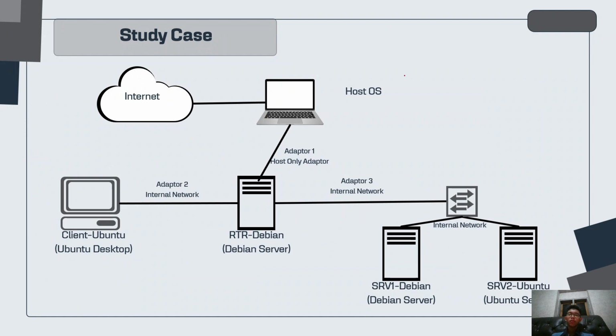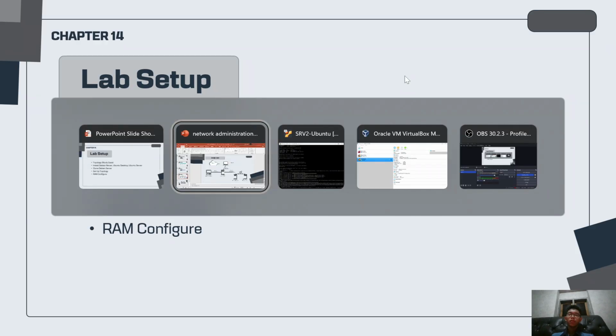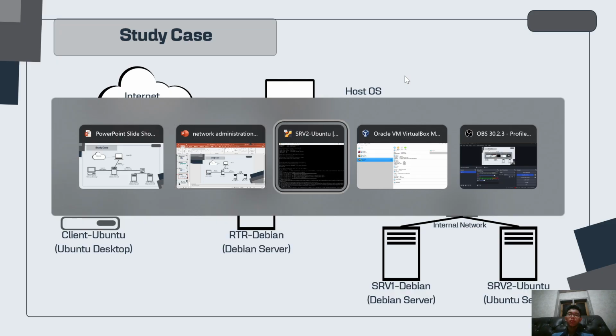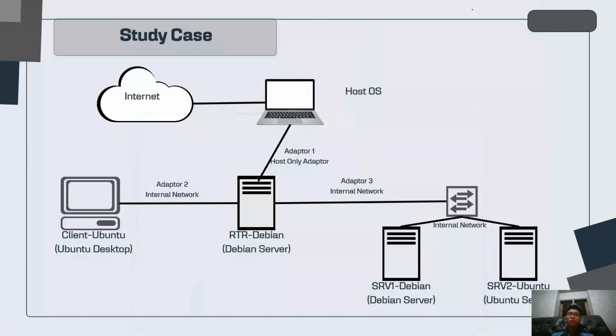And the next one, I will do the cloning of the server 1 Debian. I will clone the Debian server from the router Debian into the server 1 Debian, because you already know when I did the installation of the router Debian, it takes so much time.